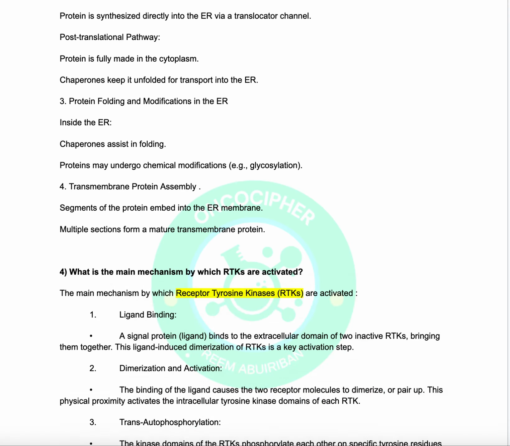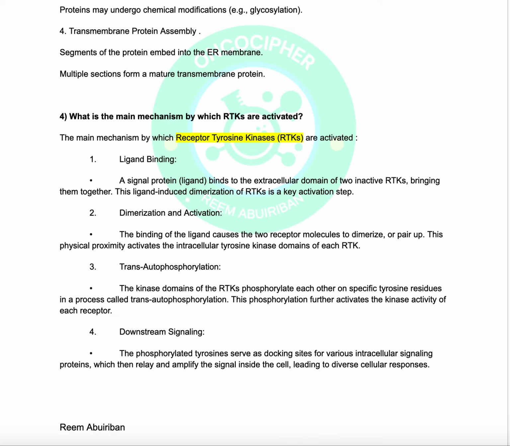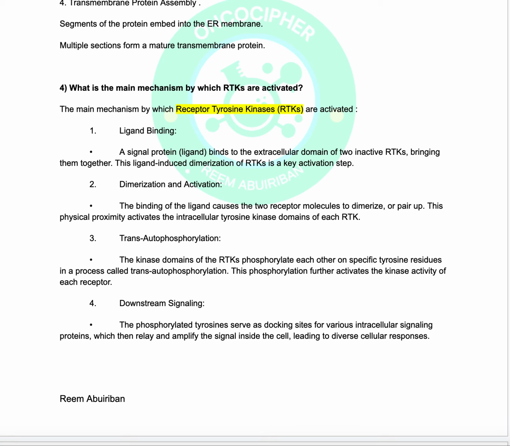Another question is, what is the main mechanism by which receptor tyrosine kinases are activated? The first one is ligand binding. A signal protein, the ligand, binds to the extracellular domain of two inactive receptor tyrosine kinases, bringing them together. This ligand induces dimerization of the receptor tyrosine kinases, which is a key activation step.